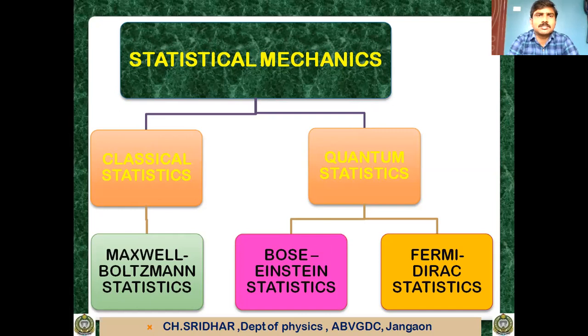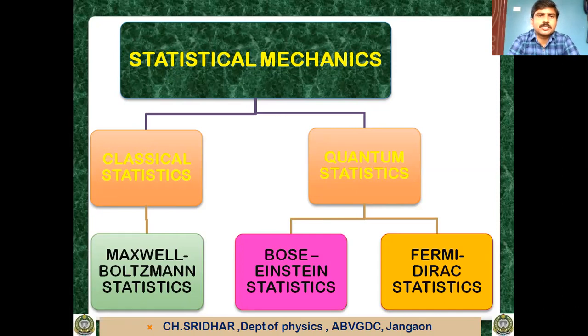The meaning of statistics is that it deals with a large number of combinations or a large number of molecules, atoms or particles. If we define the system using classical mechanics, that is defined as the classical statistics.